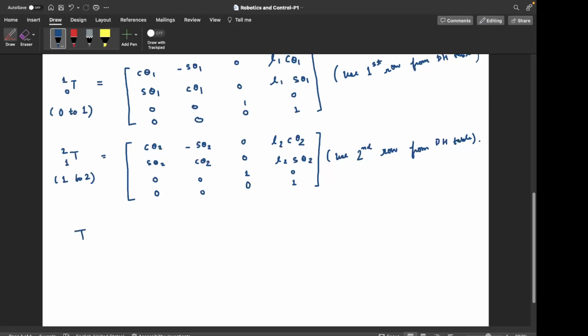We basically multiply them, right? So t0 to 2 is t2 1 t0 1, right?